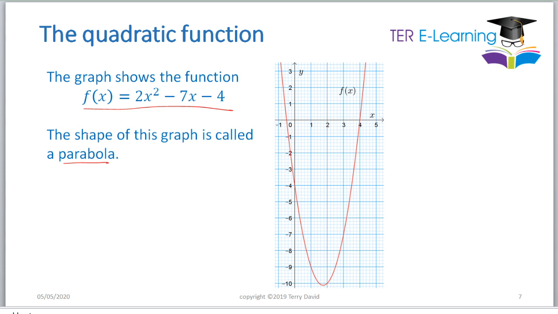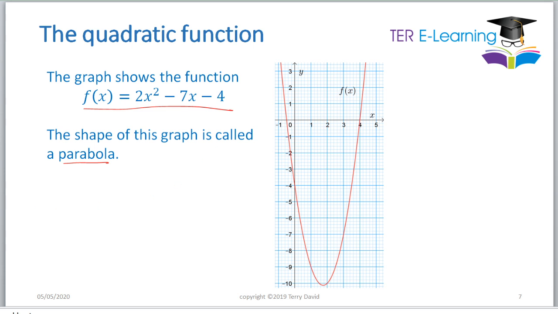So a shape like this is called a parabolic function. So a quadratic function is also called a parabolic function. You need to know this name because they can ask you this in the multiple choice exam. And you need to be able to identify a quadratic function if I give you a graph. In the exam, if I were to just give you a graph, you should be able to tell me if it's a quadratic function or not.